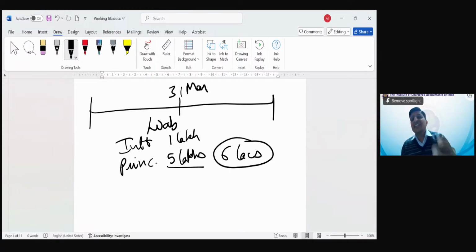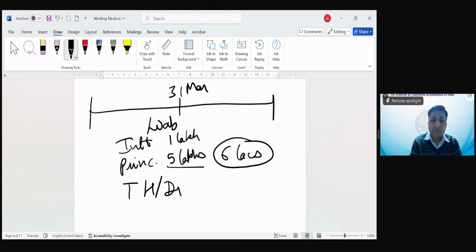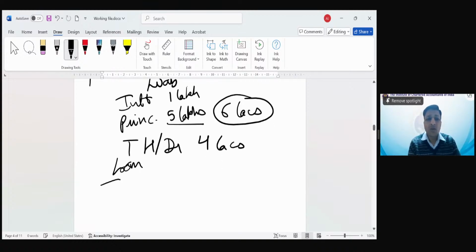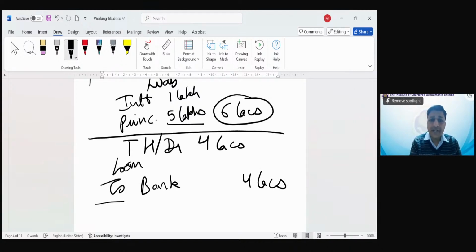Now, out of these 6 lakhs, if KJ is only able to pay, say, 3 lakhs or 4 lakhs, what will KJ do? KJ will say TH debited, or loan plus interest debited, whatever be the case, 4 lakhs to bank, and the remaining amount will remain outstanding.